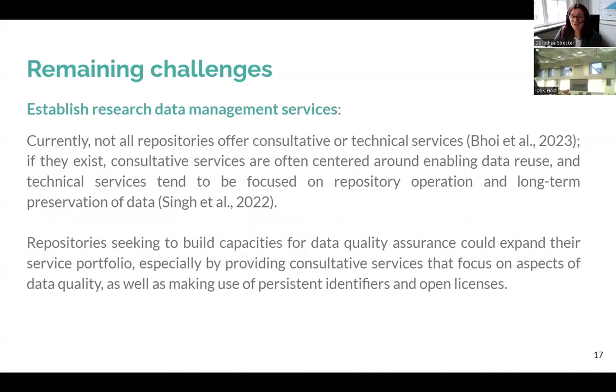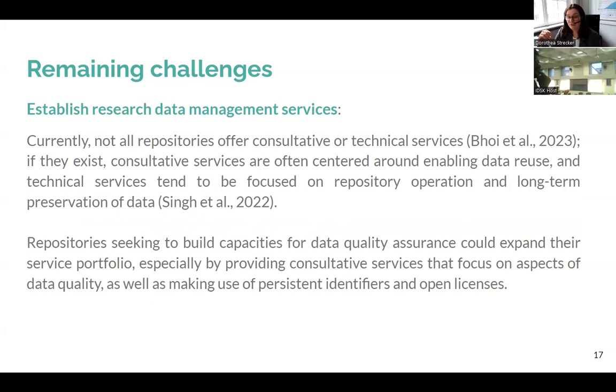And the last challenge I identified in the literature was the establishment of research data management services. As it stands, not all repositories offer consultation services or technical services. And if they do offer these services, consultations are often centered about enabling data reuse and not so much on publishing data, for example.